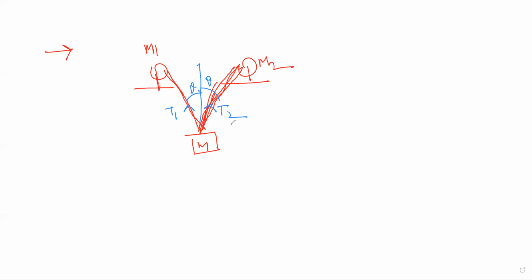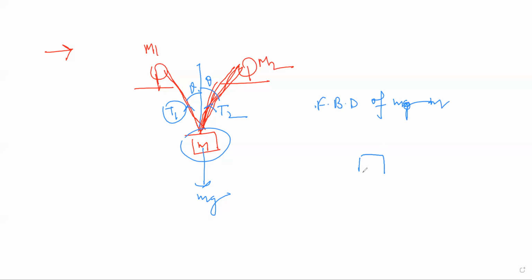For this block, weight is acting vertically downward. So I am going to draw the free body diagram of M. What is happening with M? Mg is acting vertically downward and this is T2.